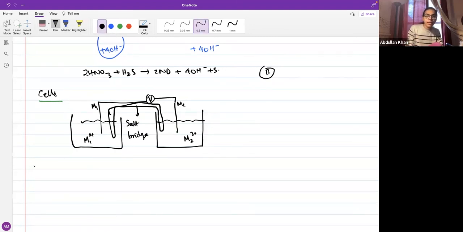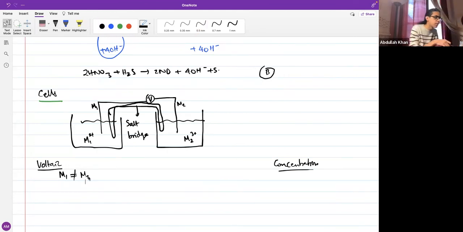Now there's two main types of cells. There's the voltaic cell, and then there's the concentration cell. Voltaic cell is if the two metals are not the same. You have two different kinds of metals stuck into two different fluids of their own ions.